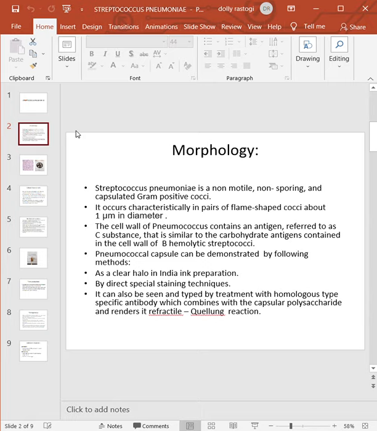They are capsulated and each capsule encloses one pair. They are readily stained by aniline dyes. They are gram positive in nature, and the capsule may be demonstrated as a clear halo in India ink preparations.